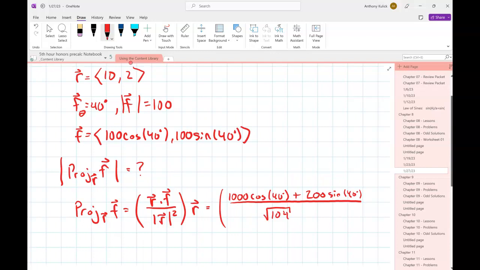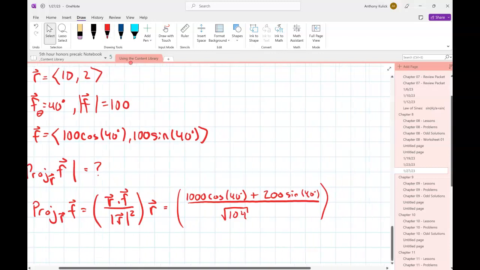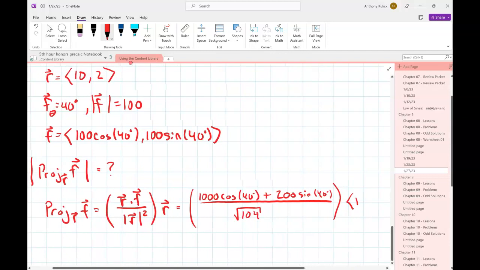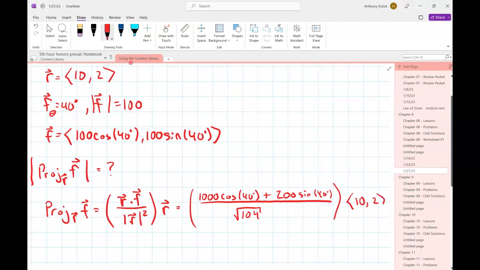Since none of this is going to be a final answer, I don't care that the radical could reduce or that it's in the denominator. I'm just going to leave it the way it is and not make more work for myself. And then I have that all times vector R.